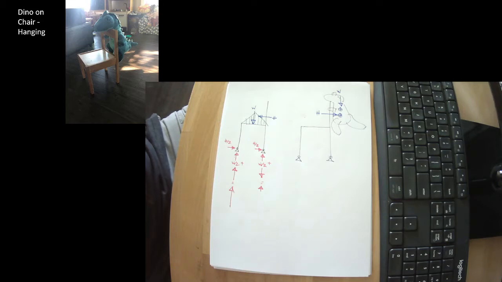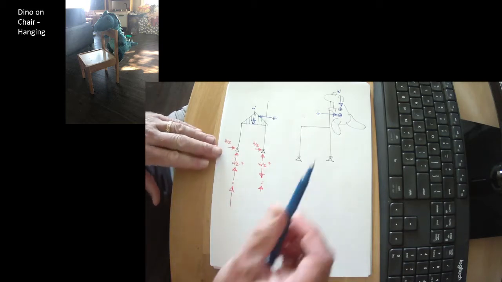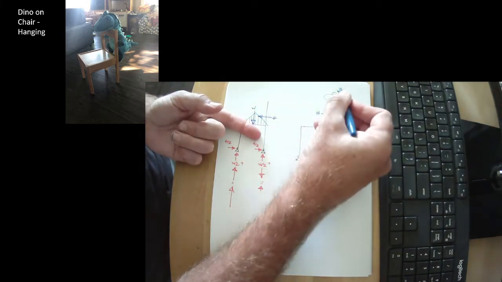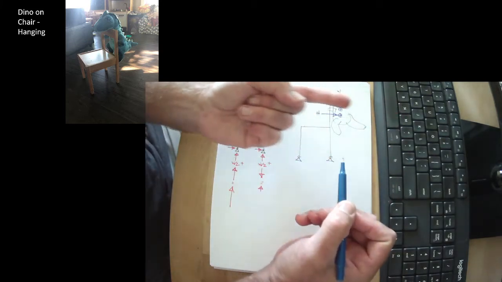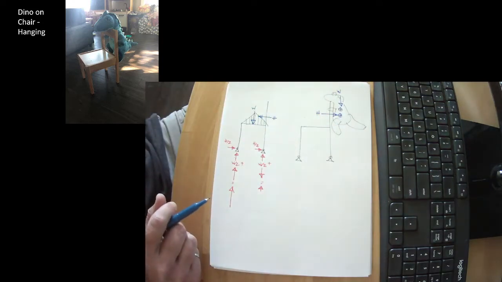And so we could, in theory, evaluate an infinite number of load cases, because the wind can blow from any direction. But we can apply some engineering judgment and determine which way is the worst case. And what we know is that because the load is hanging out here, it's going to be worse when the wind blows this way. So that's the one that we're going to look at.